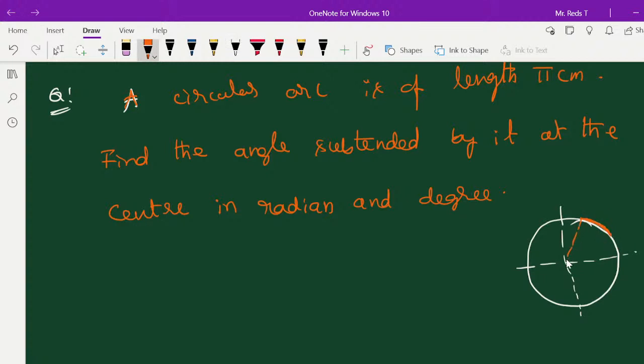This is subtending an angle at the center. The length of this arc is taken as L, the radius is R, this is the center O, and the angle subtended at the center will be taken as theta.